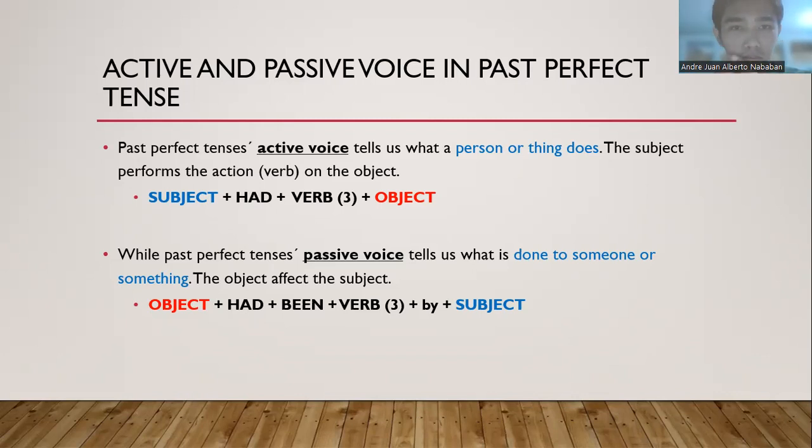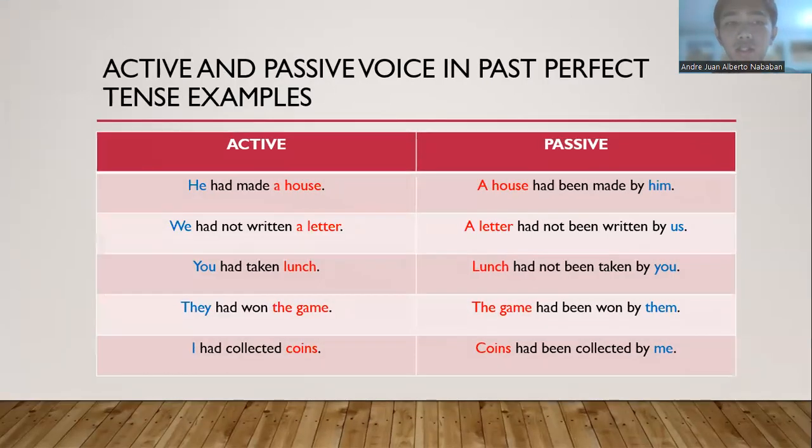Next, here are the active and passive voice in past perfect tense examples. Here I give examples of active and passive. So this is an example of a passive that is formed from an active voice.